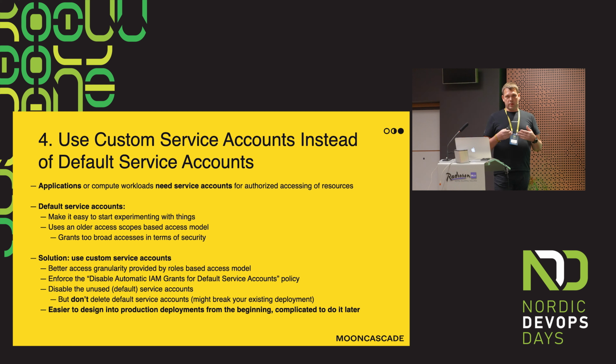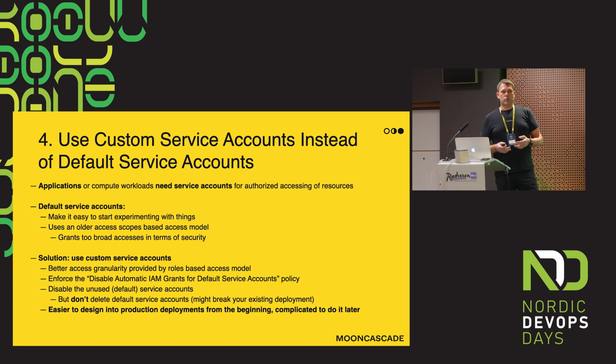The best practice recommended by Google itself as well is that for production systems, figure out custom service accounts. They are using the role-based access model, which provides better granularity.